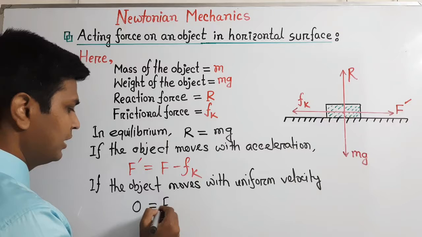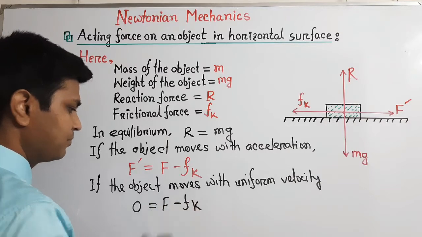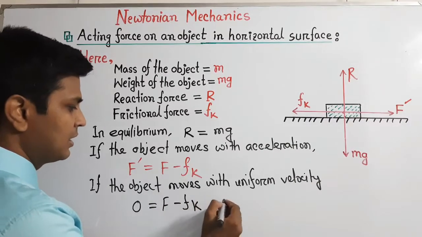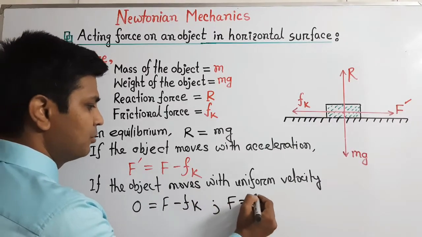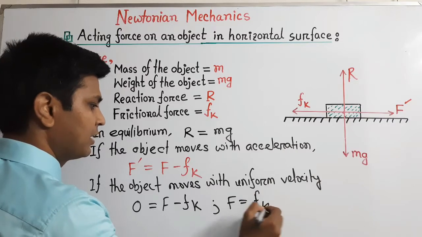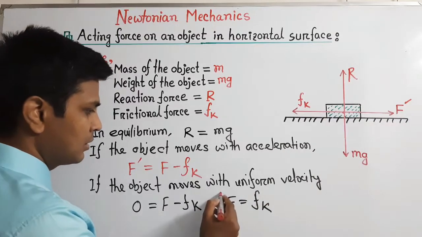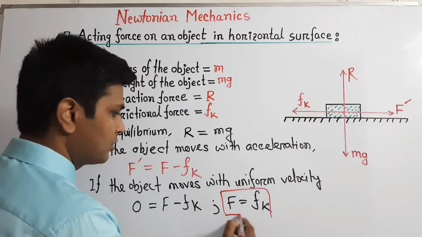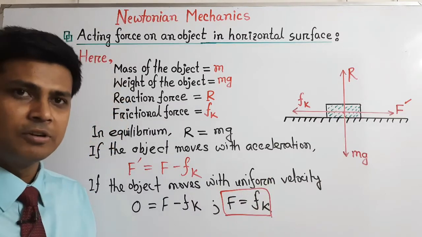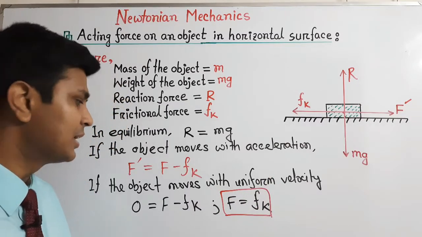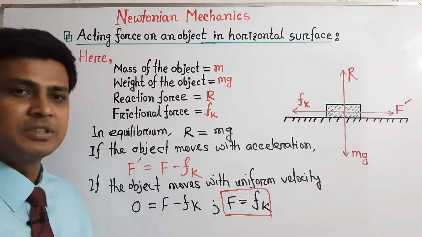So we have only F minus Fk, and finally we can write F equals Fk. So this is the formula to calculate the applied force when the body moves with uniform velocity, because at that time the effective force F prime is 0.